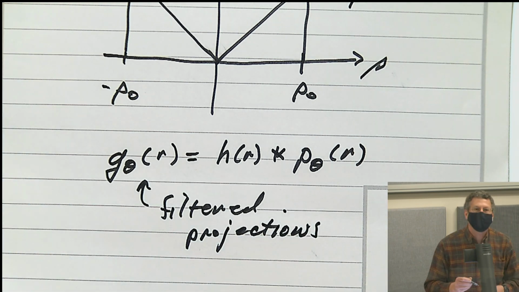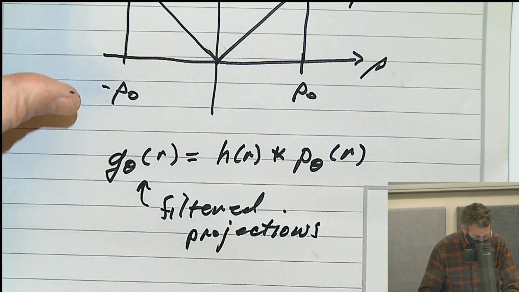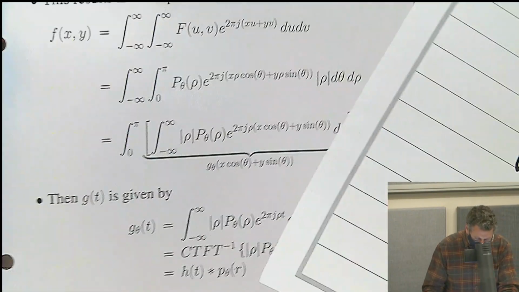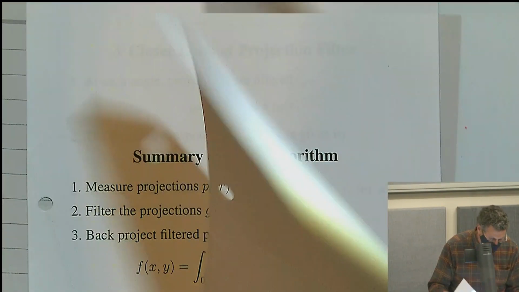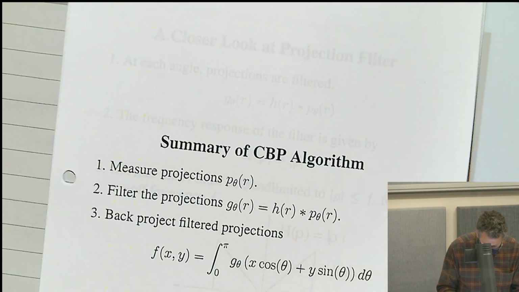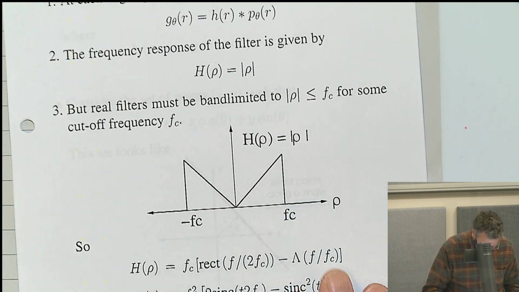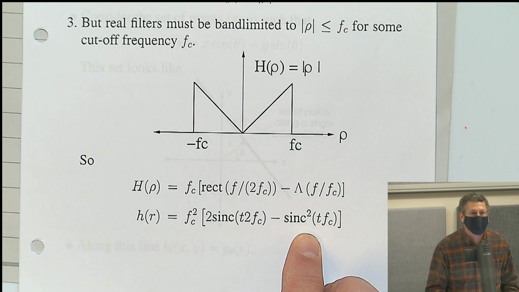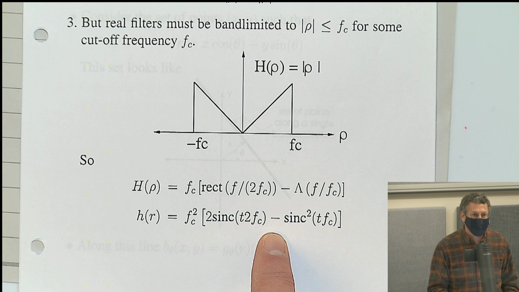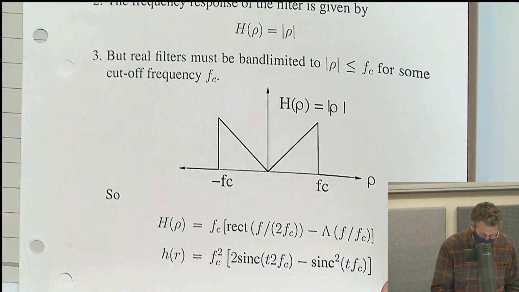So what is the filter H? Well, the form of the filter, let's jump ahead, looks like this. That's the analytical form I told you: a sinc minus a sinc squared. And these are all the correct scaling factors to make it come out exact.